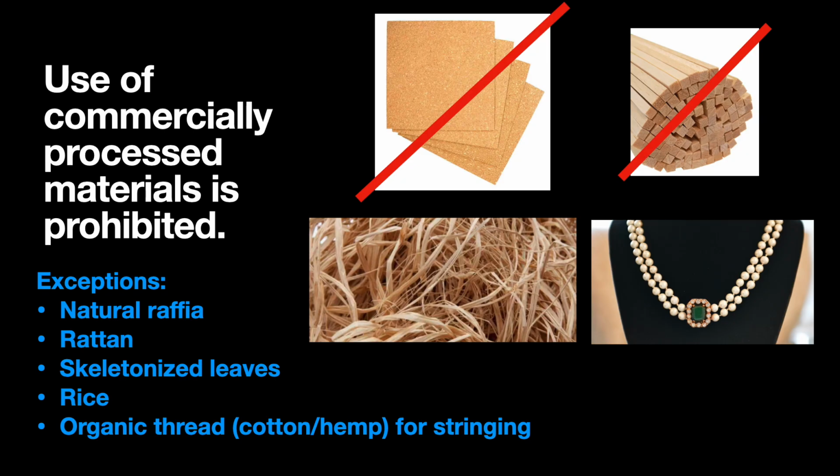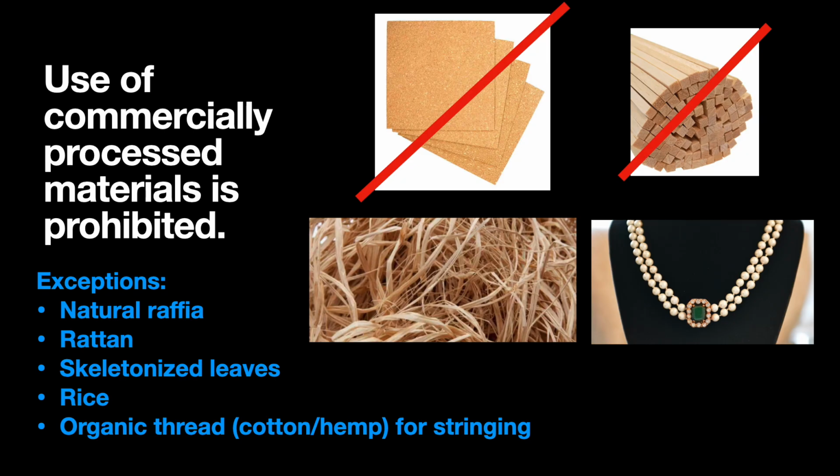We do allow natural raffia, not the plastic raffia, but the natural raffia. You're allowed to use rattan, which are the Middelina sticks that we like, but they are hard to find because they're no longer being manufactured. You can sometimes go on basket weaving sites and find rattan there. Skeletonized leaves are allowed, and rice, even white rice, is allowed.